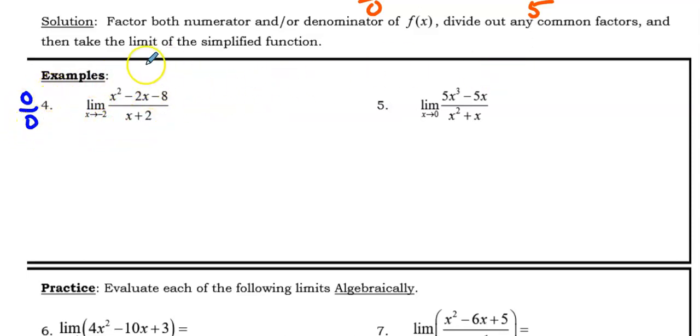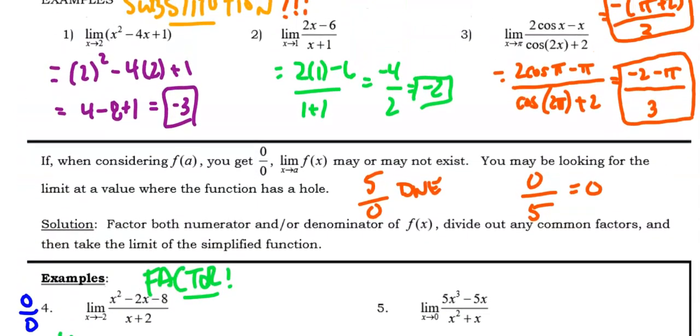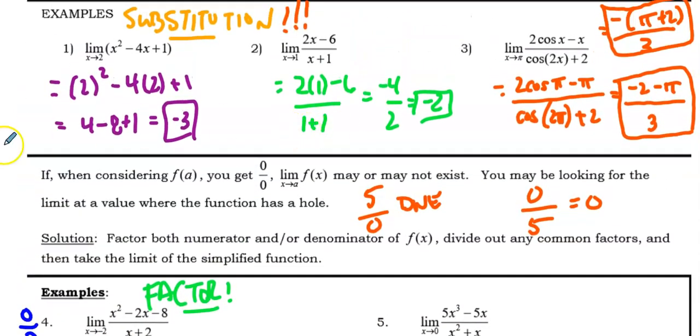In these two examples, the first manipulation is where we're going to factor. Okay, our fun friend, factoring. The other thing I have to stress right off the bat is that if you're going to factor or do any algebra manipulation while you still have variables, you must keep the limit notation. In examples 1, 2, and 3 at the top, you notice that I just started plugging in, and everything left, all this work that you see in color, is all numbers, so I didn't need to rewrite the limits.